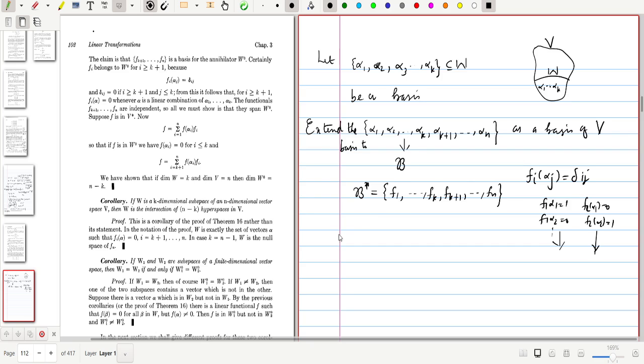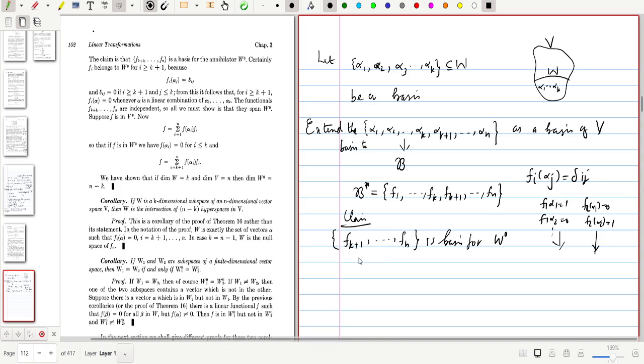We will prove that fk plus 1, etc., fn is a basis for W naught. That is our claim.